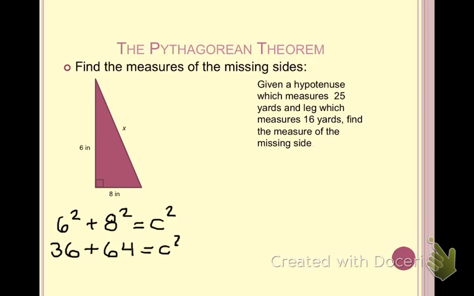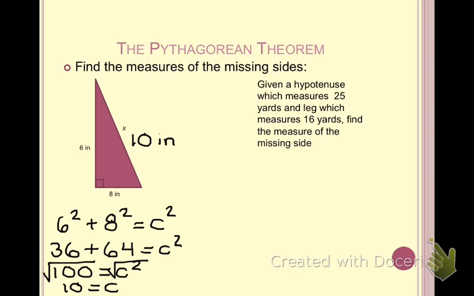If we add up 36 and 64, we get 100. And if we take the square root of 100, we end up with 10 equals c. So our hypotenuse in this case equals 10 inches.